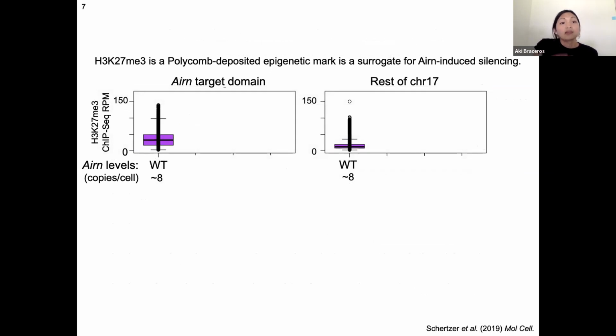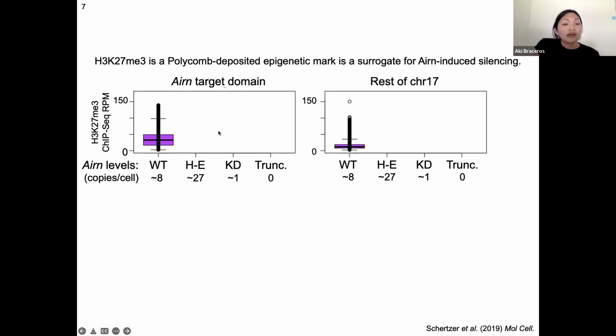So we wanted to understand the silencing mechanism by Airn. To preface, for most of our assays, we measure Airn-induced silencing by profiling the location and the intensity of the H3K27 trimethyl silencing mark deposited by polycomb through the assay called chromatin immunoprecipitation, or simply ChIP. In a series of experiments to see how Airn expression levels affect silencing, we used a CRISPR-Cas9 system to alter the endogenous expression of Airn.